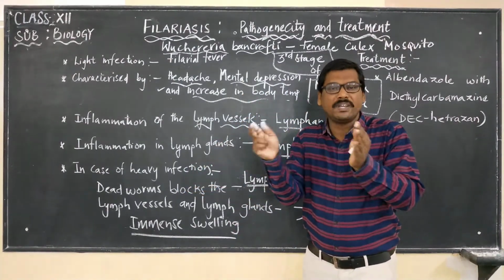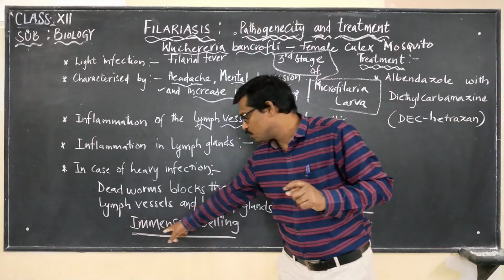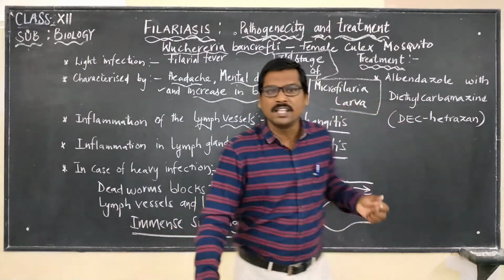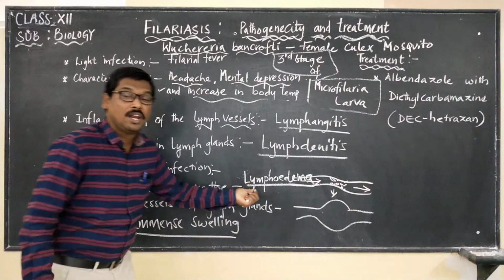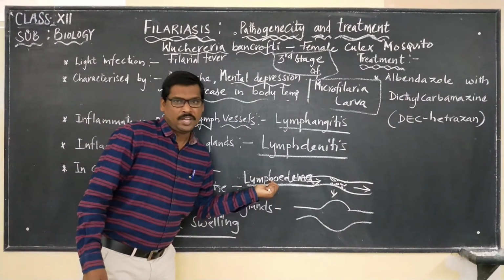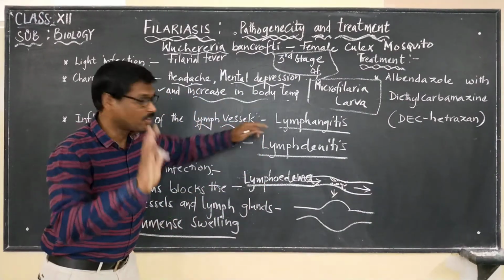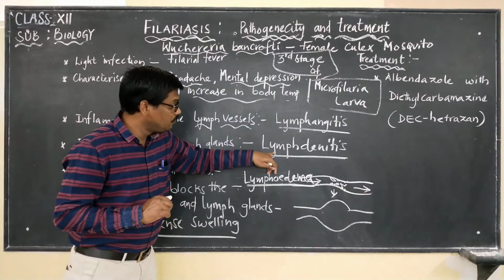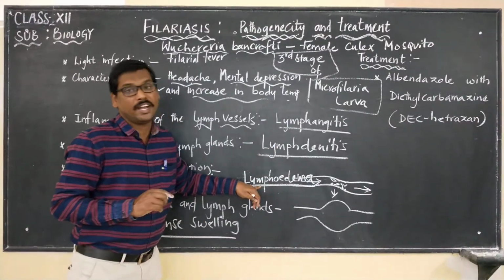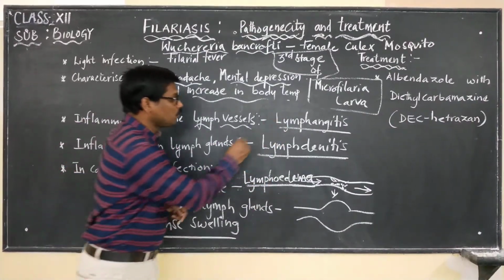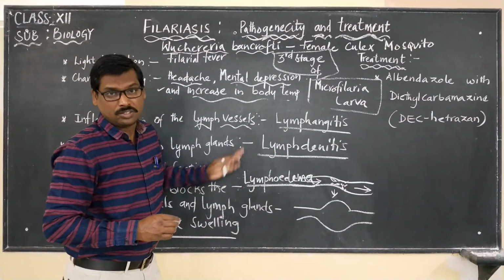That place will swell, which we call immense swelling; the technical term is lymphoedema. So here we came across three words: lymphangitis, lymphadenitis, and lymphoedema. We should not get confused with these three words.